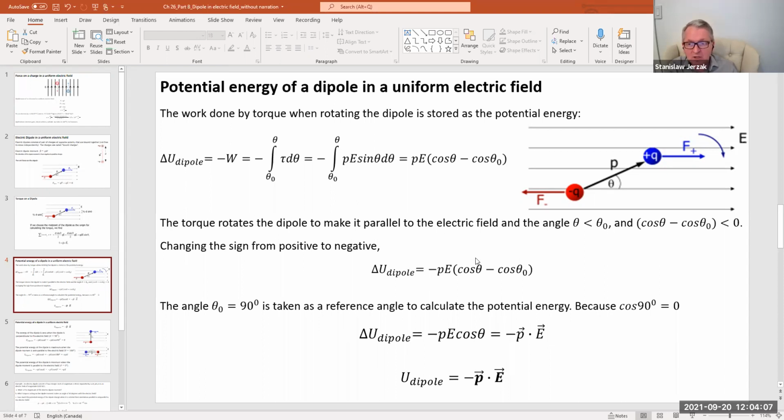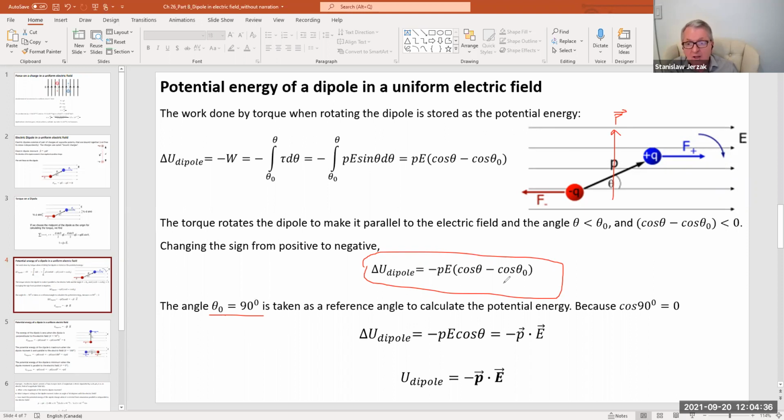So I was telling you that the change of potential energy is given by this expression. If we take theta naught to be 90 degrees, when the dipole moment is initially perpendicular to the electric field, then cosine of 90 is equal to 0.